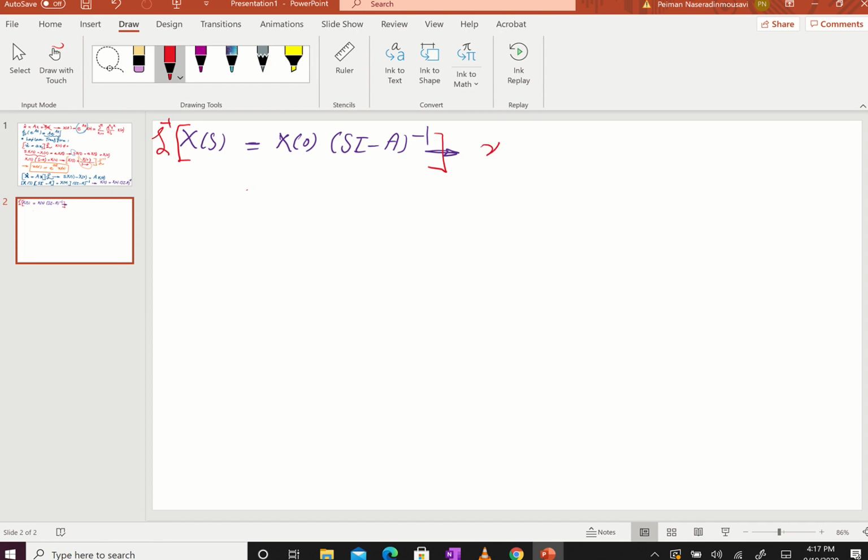So what you're going to have is x of t equals the inverse Laplace of (sI minus A) inverse, times x of 0. Bingo. Why bingo?